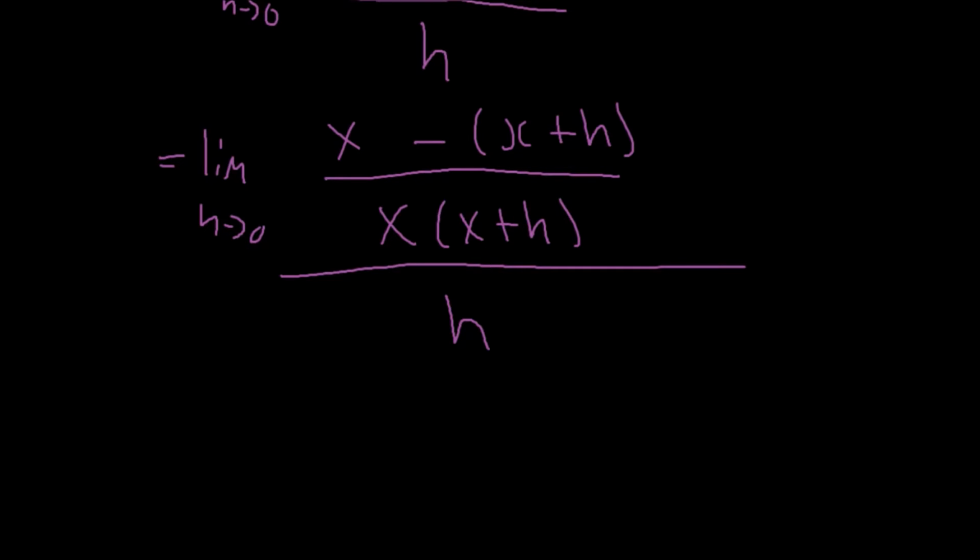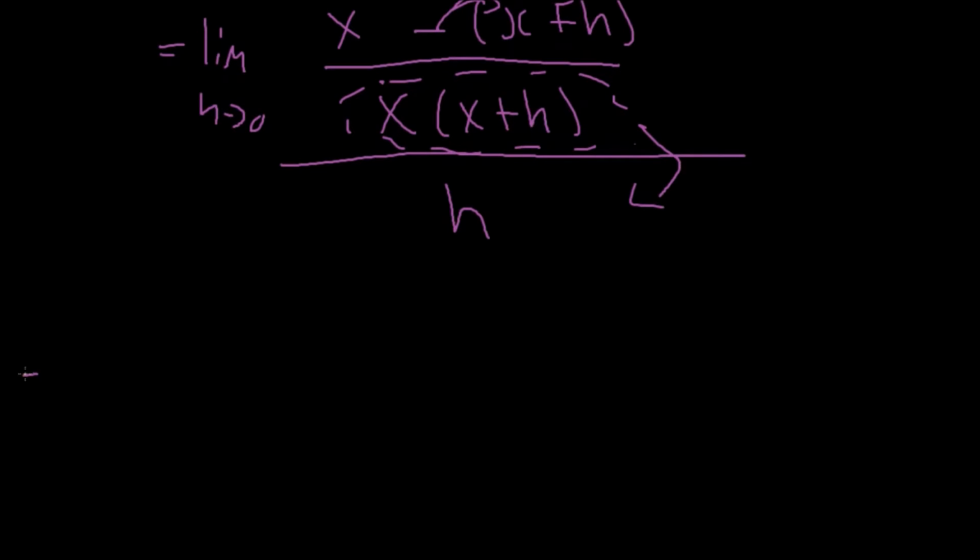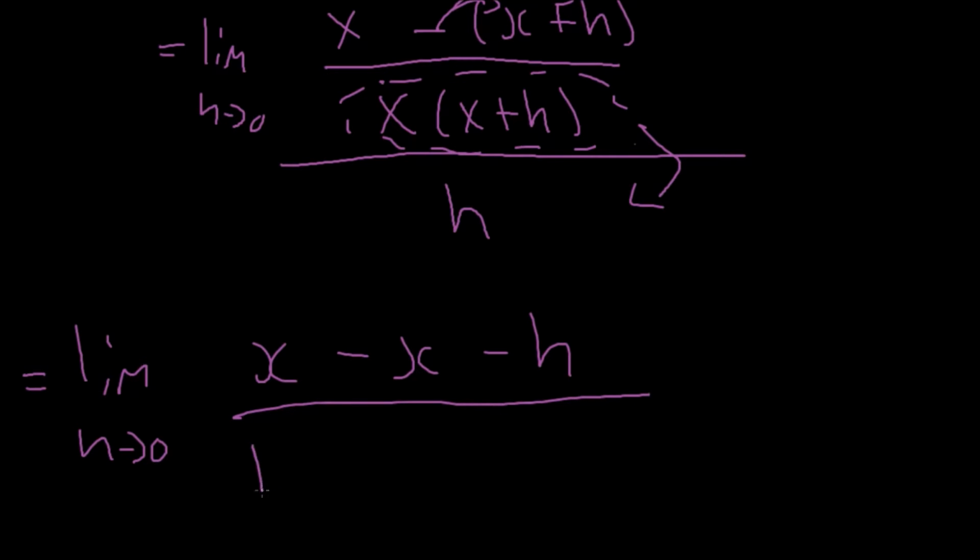So let's simplify things out a bit. We'll distribute the minus term into here, and then we'll send this entire term down to the bottom where it belongs. So let's do that simplification: x minus x plus h, divided by h times x plus h.